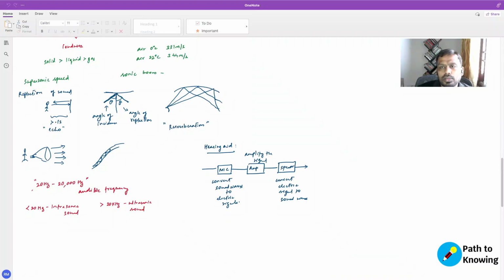Hi. In the earlier video, we explored the idea of the reflection of sound, and we also saw the audible range of sound, the human audible frequency range, which is 20 hertz to 20,000 hertz. And we also saw how we can make good use of these two properties, primarily reflection of sound and frequency, to maximize the effect of the sound.